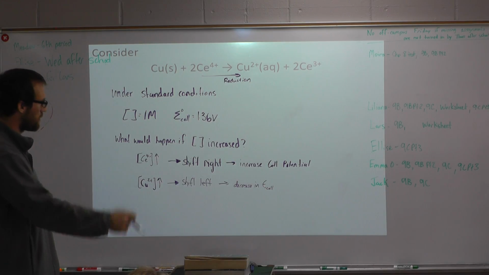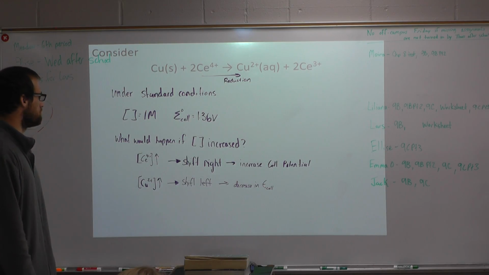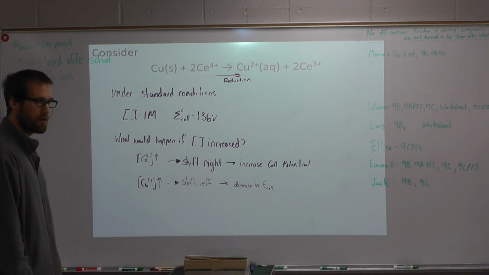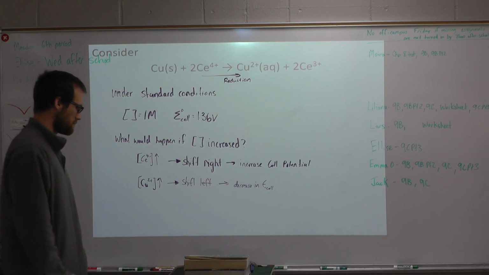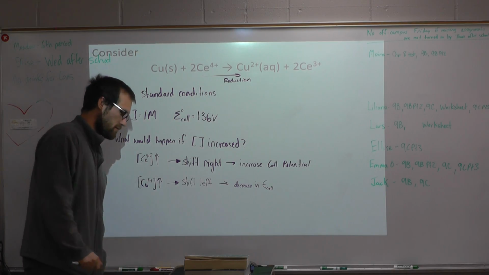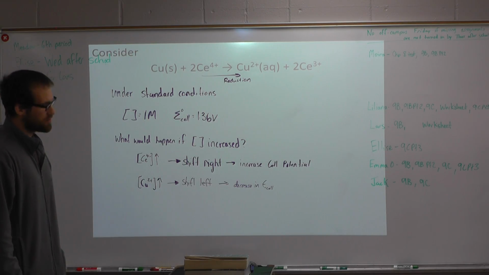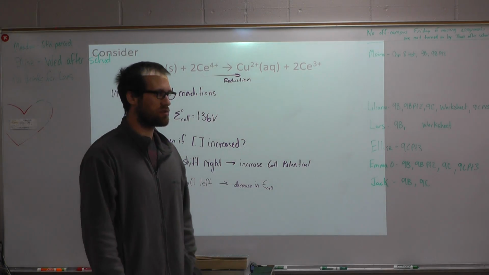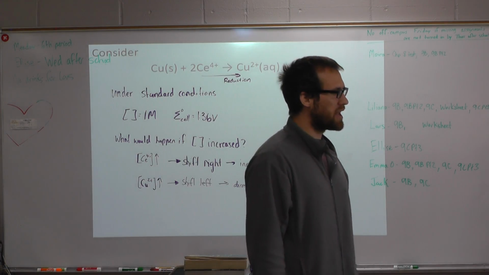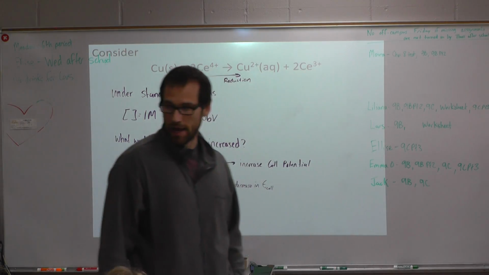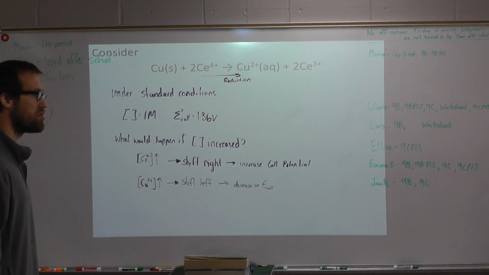For the other reason, you'd be increasing the number that you're subtracting. So what's nice is, even in oxidation reactions, we can use Le Chatelier's principle to help explain how the cell potential is going to increase or decrease depending upon adding or removing concentration.